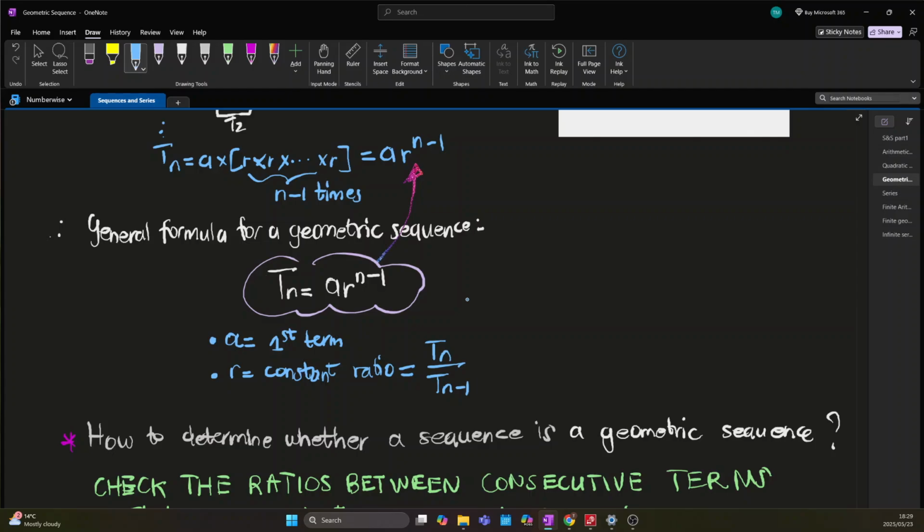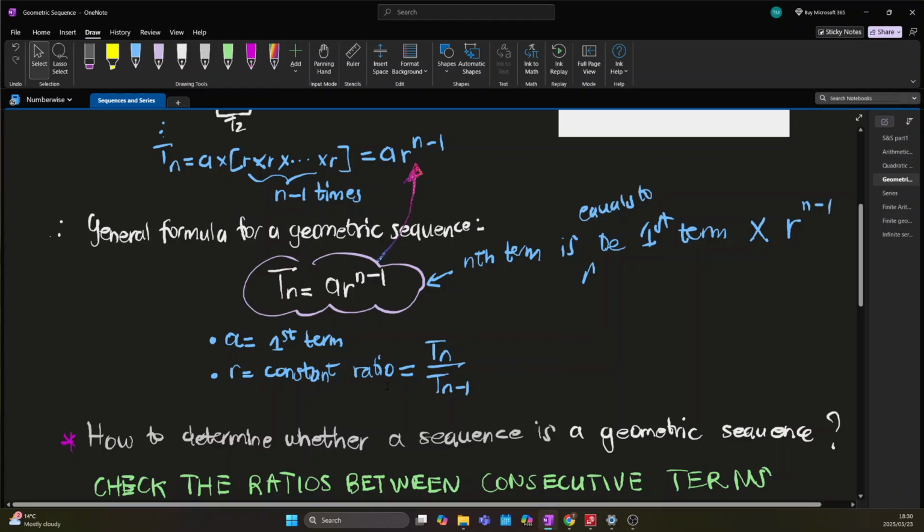So this implies that the general formula for a geometric sequence is Tn equals a times r to the power n minus 1. So the nth term is the first term multiplied by the constant ratio n minus 1 times. I hope that makes sense.